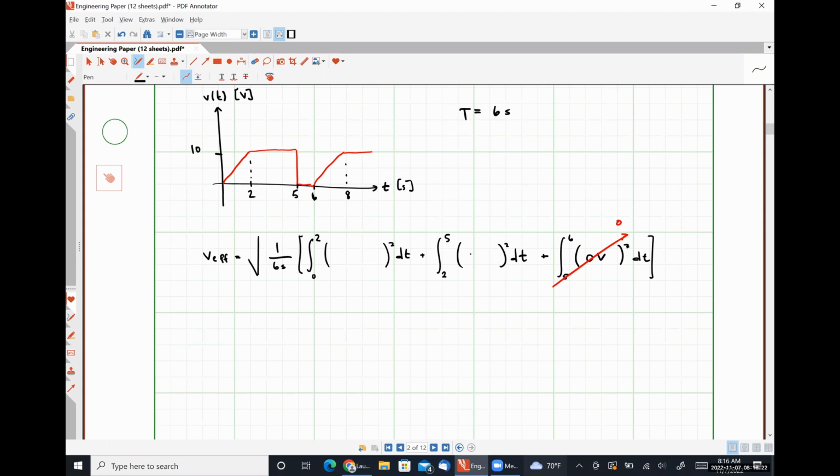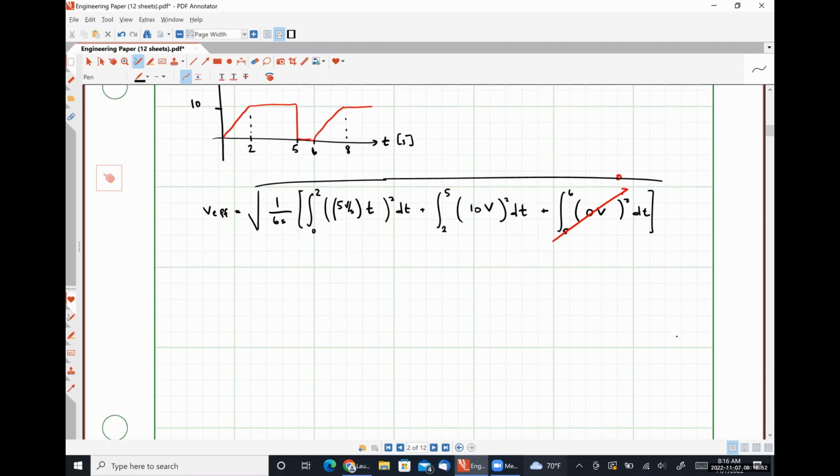It's constant 10 volts. We'll take care of that mathematically in a moment. What about from 0 to 2? So it is 5 volts per second times time, quantity squared. We have a slope of positive 5, having units of volts per second, multiplied by our time. All of this goes underneath the square root sign. Okay.